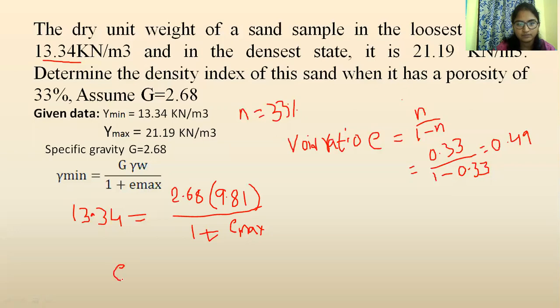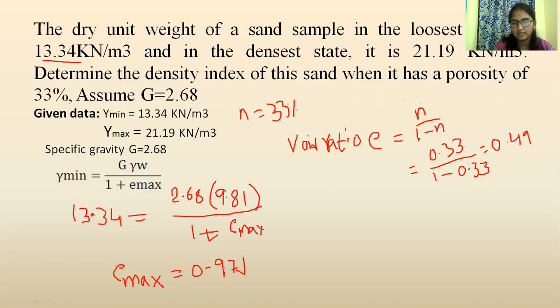Here gamma minimum, G value and gamma w value are already given. Now e max is equal to 0.971.